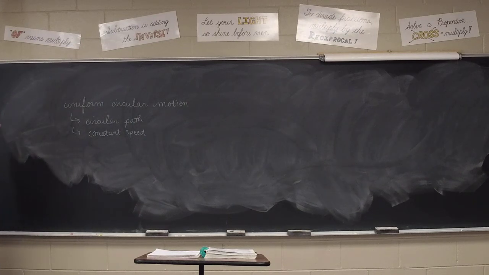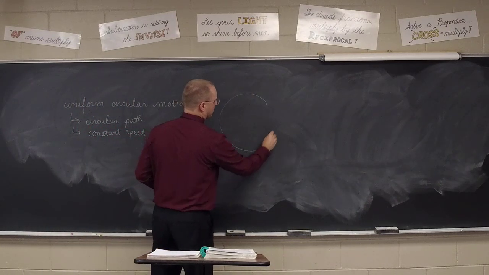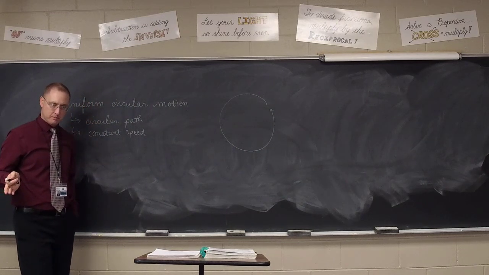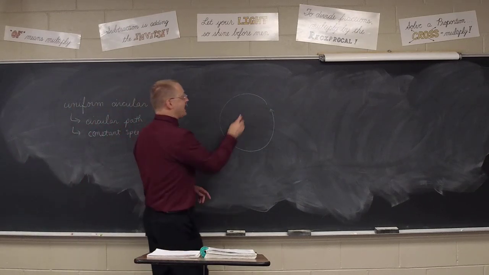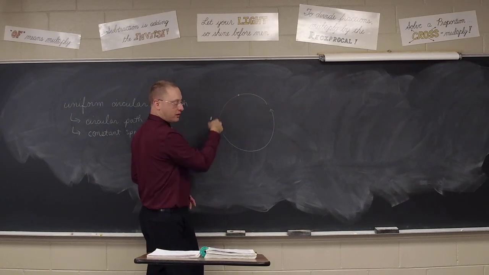But I want you to think about the word speed. We don't use that word very often. Normally we would use, class, the word velocity. Why a constant speed? Well, picture this. As an object goes around in a circular path, its direction is constantly changing, isn't it? For instance, let's just say it's a little ant walking around the circle.